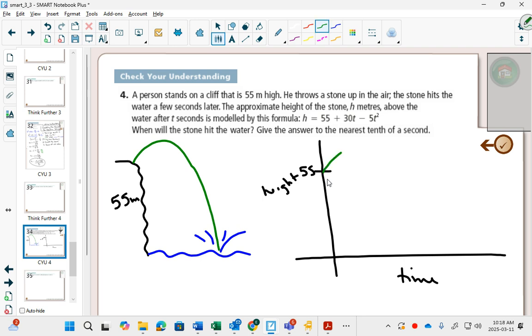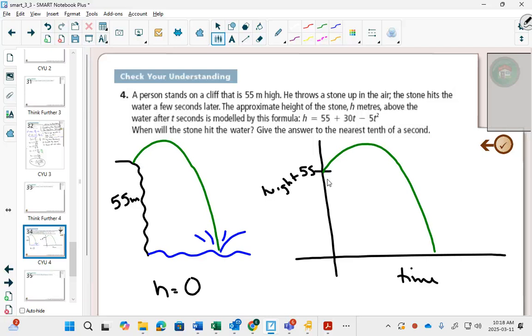This rock is going up in the air and hitting the water at some time later. Does it make sense that when it hits the water, we know what the height is? The height is going to be 0 when it hits the water. So again, drawing the picture, analyzing the question, I plugged in time as 0, and I confirmed that we're starting at 55 meters above the ground.